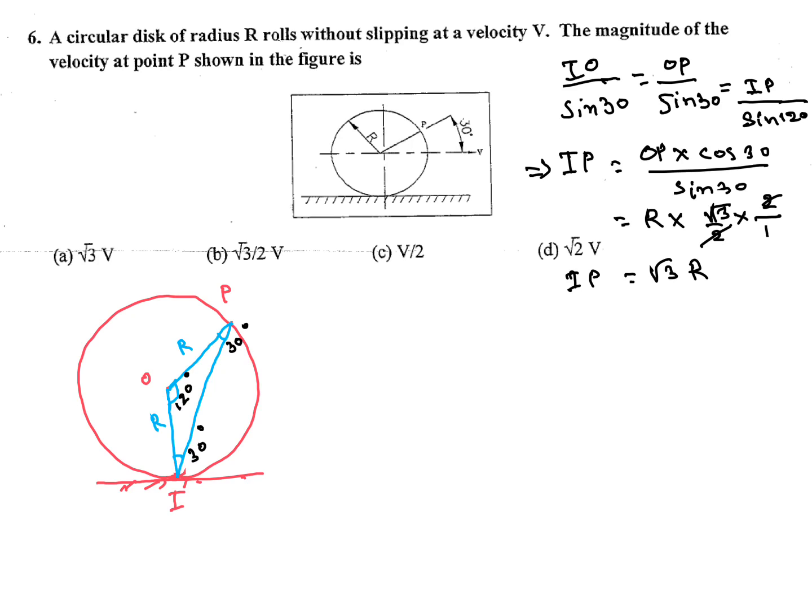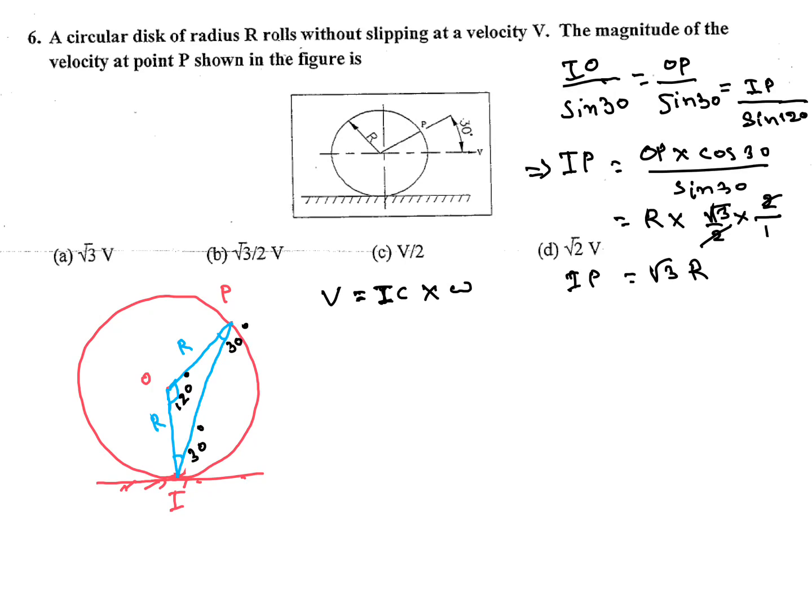Then we will apply the instantaneous center method. Velocity is the distance from the instantaneous center into omega, where omega is the angular velocity.